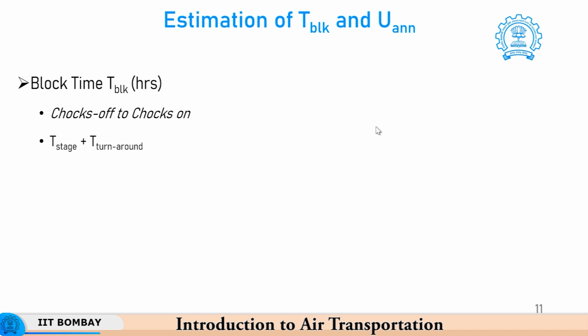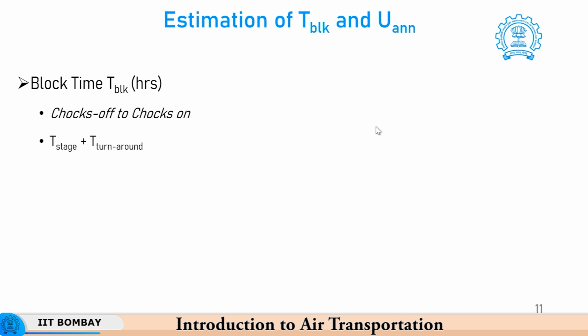So, the time between chocks off to chocks on, or the block time, will be a summation of 2 times. One is the T stage, or the time needed for the taxi out, take off, climb, cruise, descend, maybe land, taxi in and stop, that is called the stage time, the time needed to travel from A to B. And then between the arrival at an airport, and before it can be again departed to the next destination, there is a small time which is called the turnaround time, also called TAT.